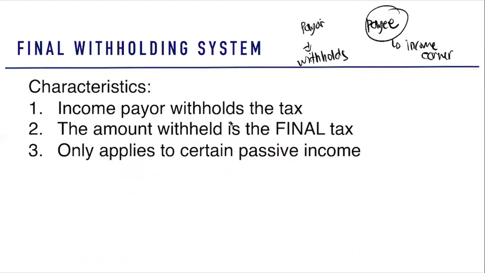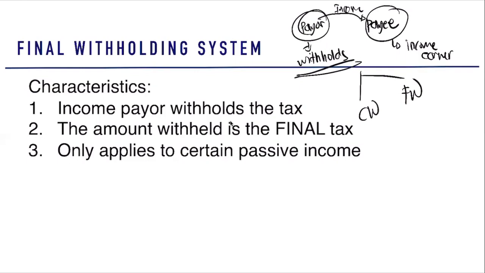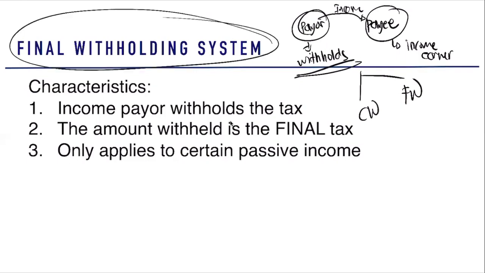When the payor pays the payee for the income earned by the payee, the payor withholds. This withholding, we said before, is either creditable withholding or final withholding. So we'll take a look into your final withholding system.